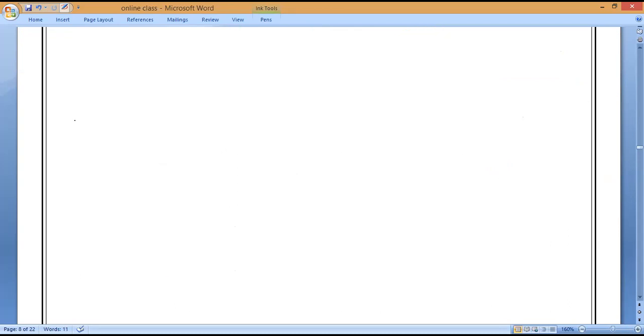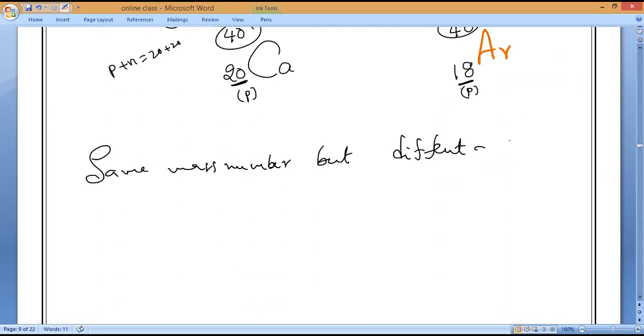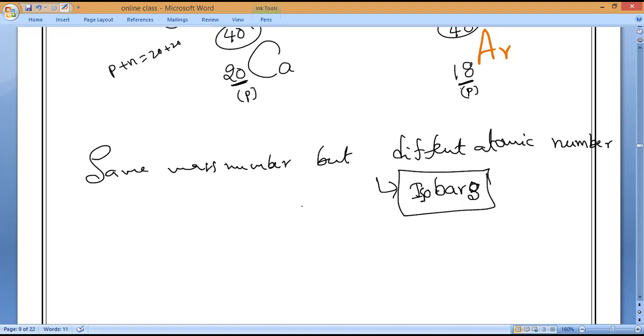Now, same mass number but different atomic number is called isobars. Isobars. Please remember: same mass number, different atomic number.